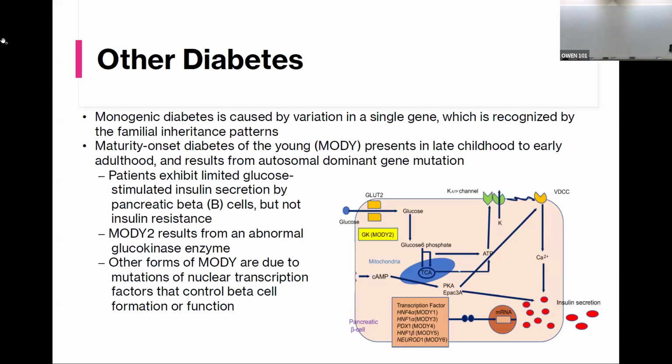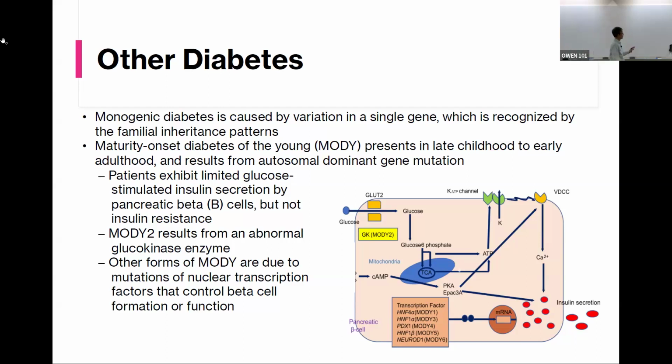And then depending on what gene is mutated, the name is different, right? MODY 1, 2, 4, 5, and so on. But what you just have to remember is this type of diabetes really occurs from a single mutation of the genes, all right?